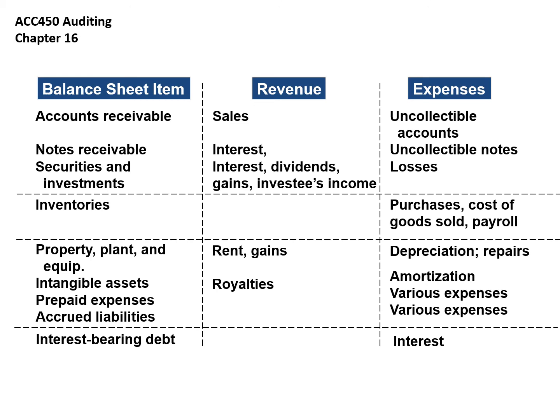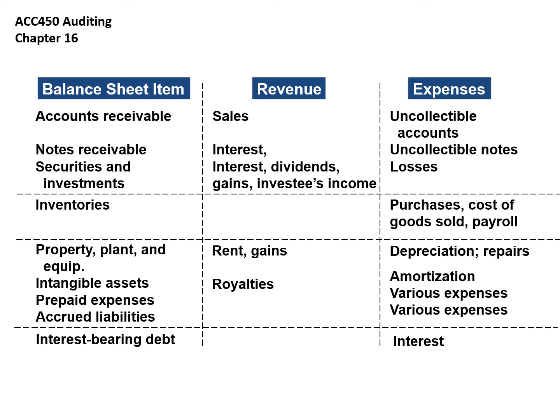So here's a chart that gives you an idea, and I won't go over every detail of this, of the relationship between balance sheet items and revenues and expenses. Of course, when we audit accounts receivable on the balance sheet, we're also going to pick up information about revenue, and with regard to expenses, we'll look at bad debt expense or uncollectible account expense.